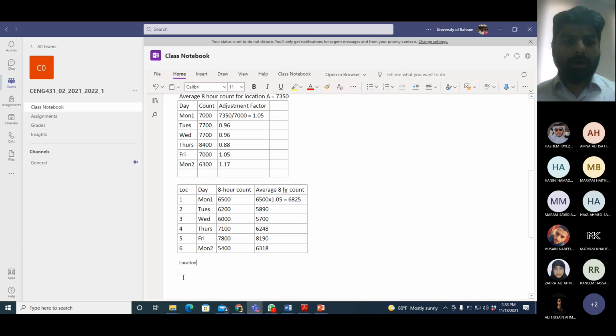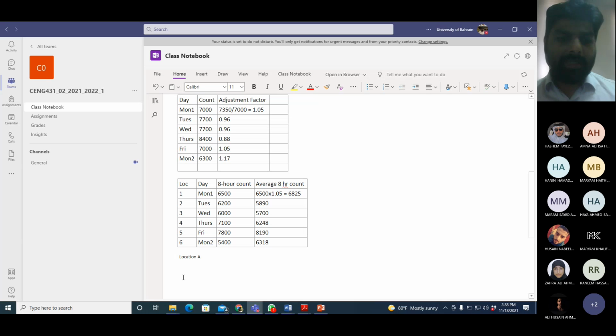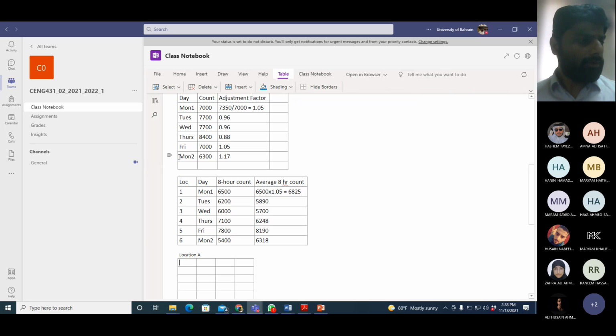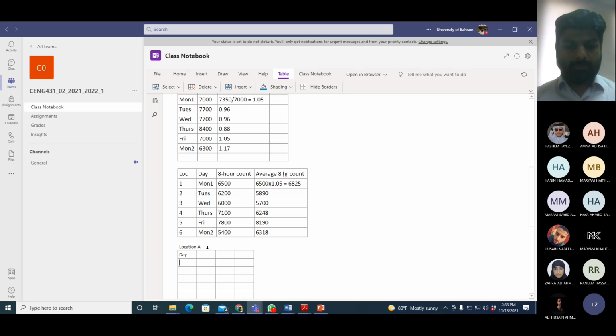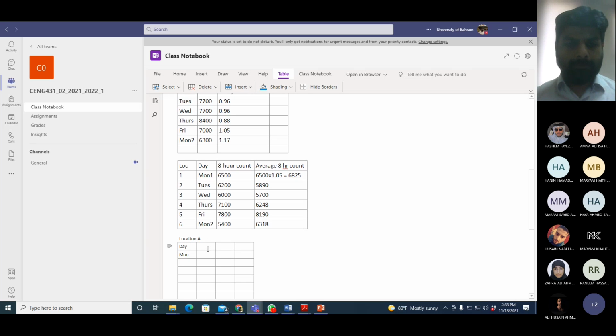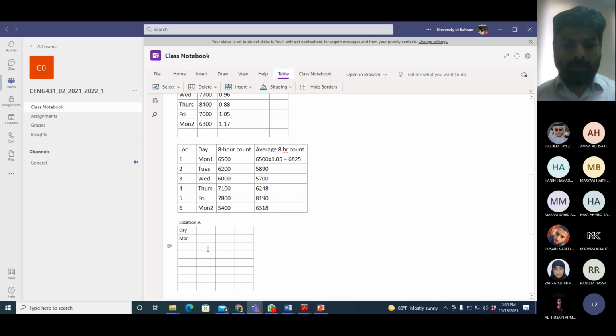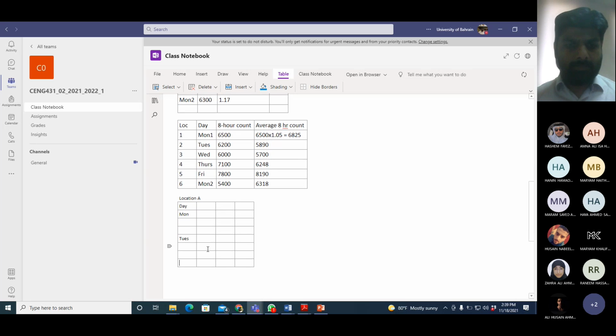So let us do it for location A first of all. This entire table will be for location A. So day, time, and the count, and the 4 hour count. Day, 3 values for Monday. I'm not repeating the values, you know all these values are for Monday. Then Tuesday.